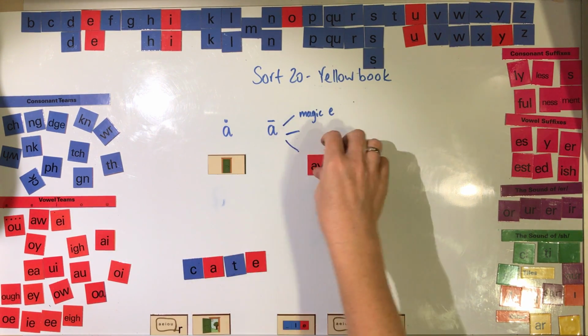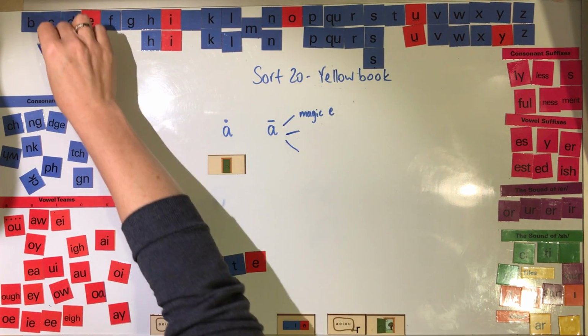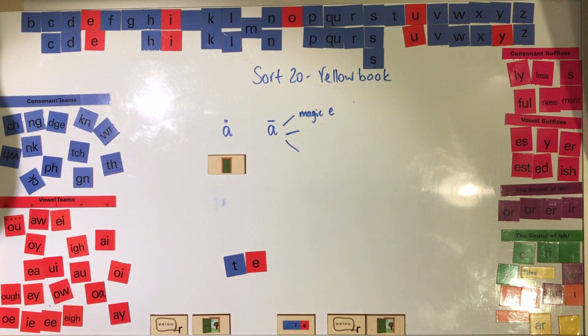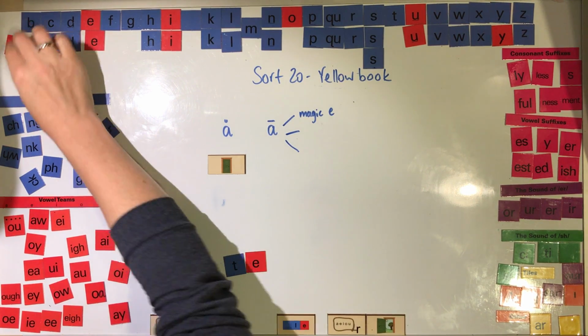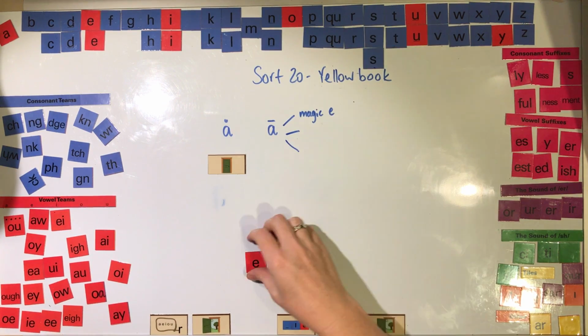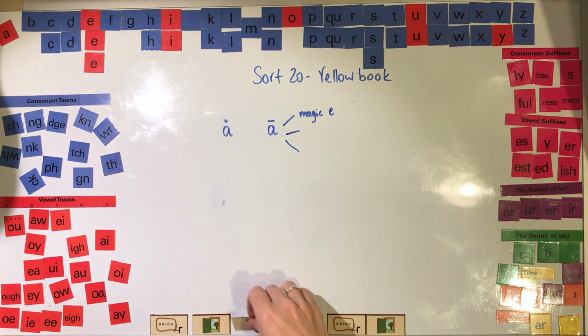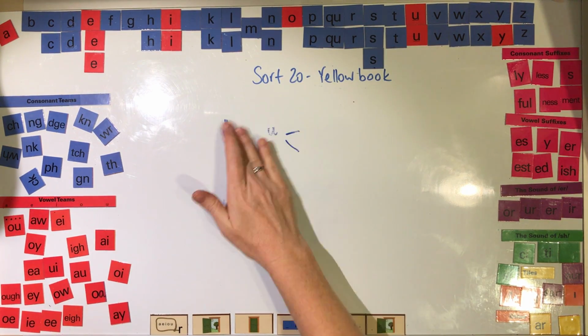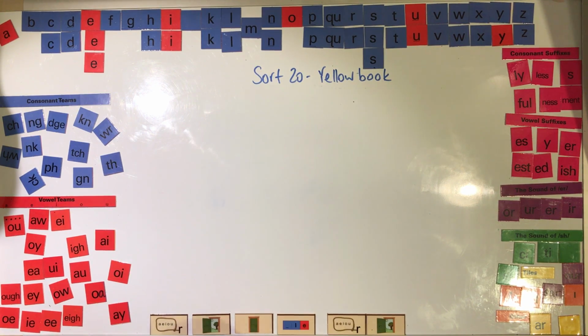Okay, so this week we are going to be looking at how do we make O make its short sound and its long sound. So this is the short sound of O, and this is its long sound.